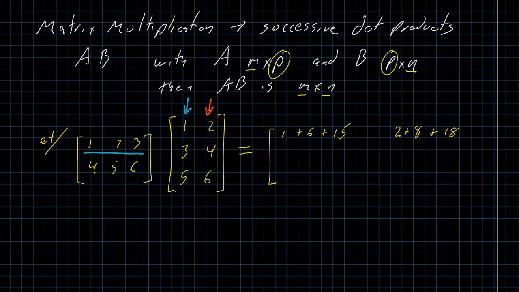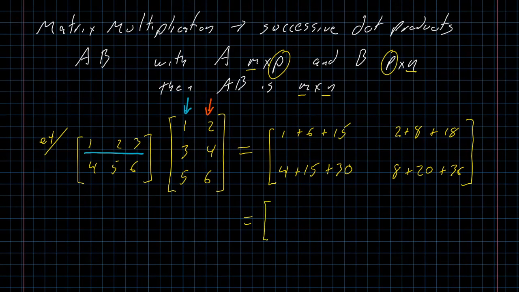Then the second row of the first matrix and the first column of the second matrix: 4 times 1 is 4, 5 times 3 is 15, 6 times 5 is 30. And then second row and second column: 4 times 2 is 8, 5 times 4 is 20, 6 times 6 is 36. And then I can perform the addition.